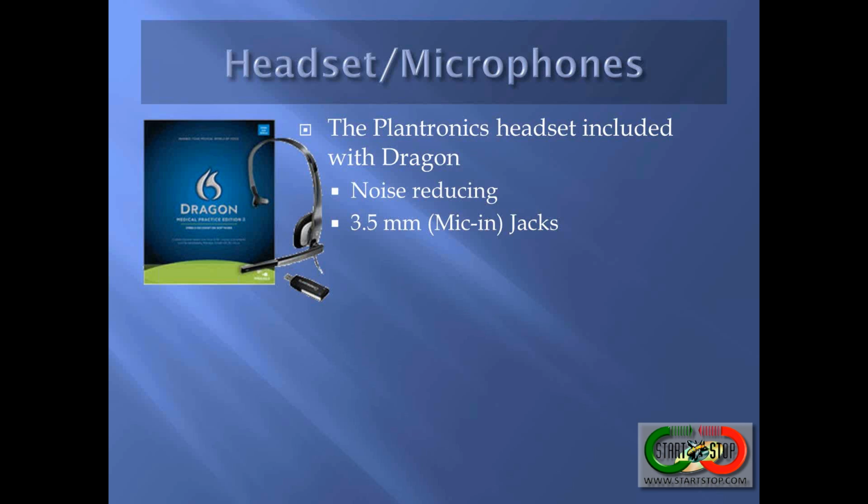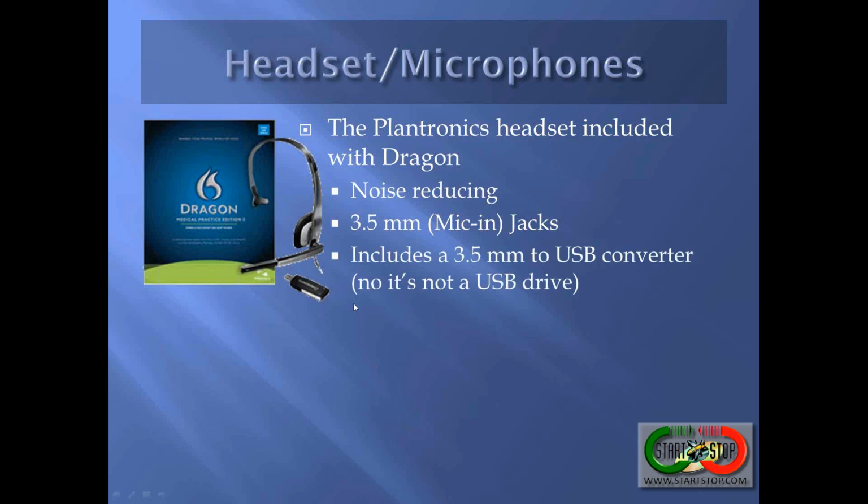But there's also this thing that looks like a flash drive or memory stick. People call it various things, but no, that's not what that is. It's not a USB memory drive. It's a 3.5mm to USB converter. This converts the cable from the 3.5mm jack into something you can plug into your USB port.